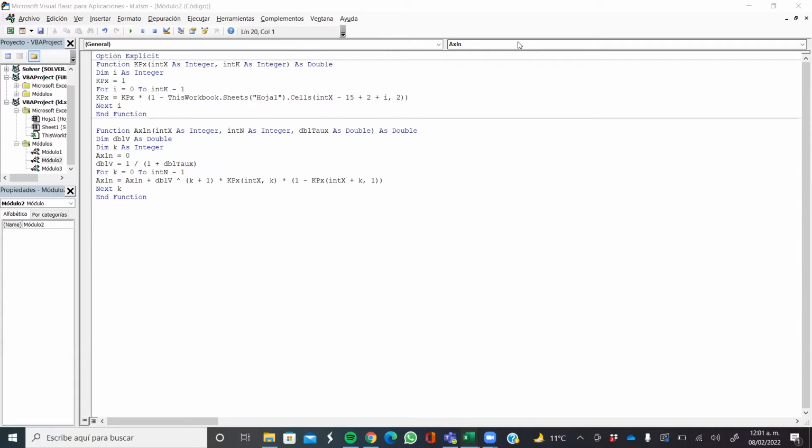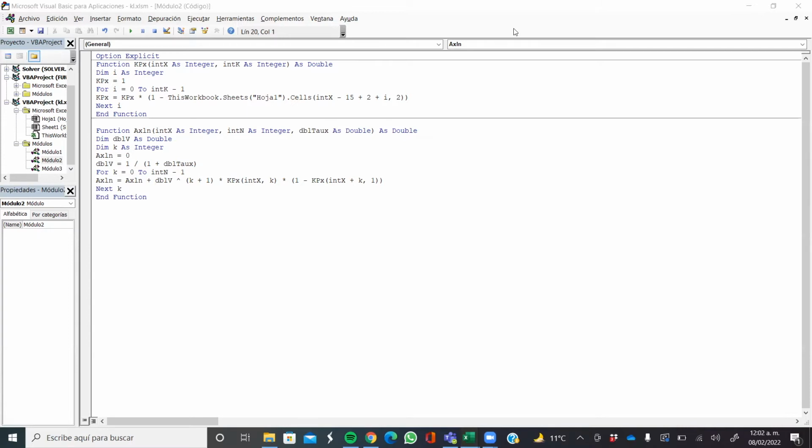The parameters that this function receives are the variable int x as integer, the variable int n as integer, and the variable dbl tasa as double. We are going to include this set of variables in the function, and we are going to declare this function as a double.